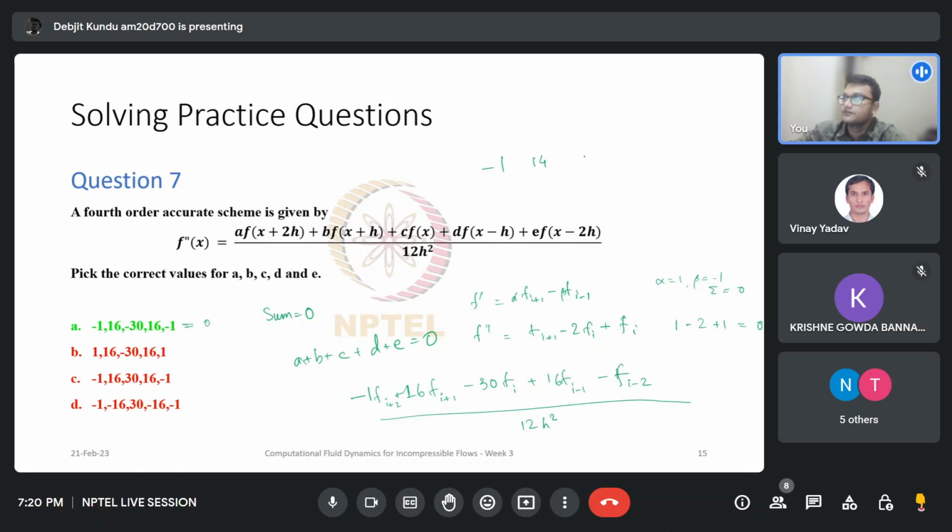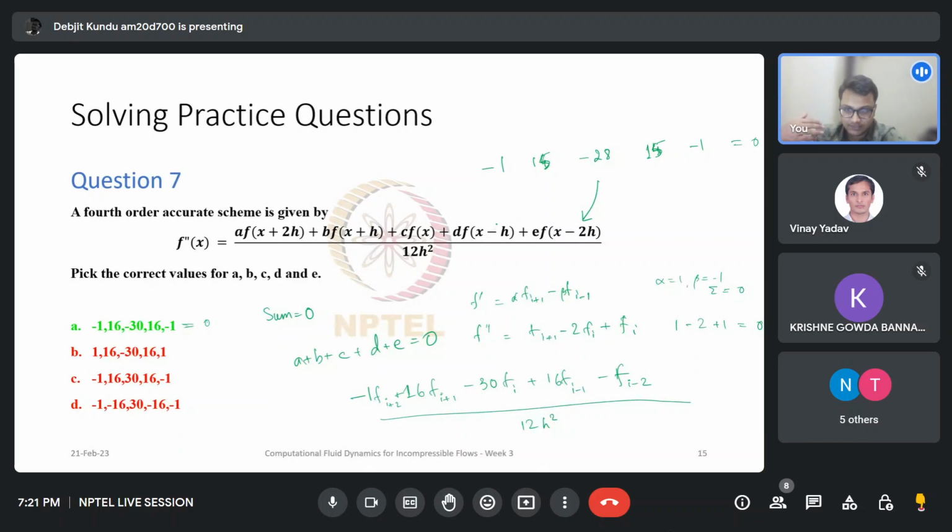Let's say I make this 14, minus 28, plus 14 again, minus 1. Does this add up? Okay, no. So if it was 15 instead, for this option it's becoming plus 30 minus 30, it's ultimately becoming 0. But does that mean that there has to be a discretization scheme which is like this? No, right?